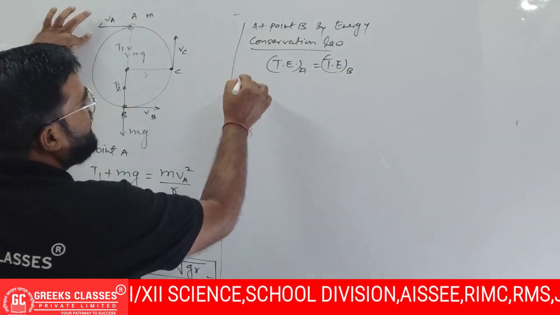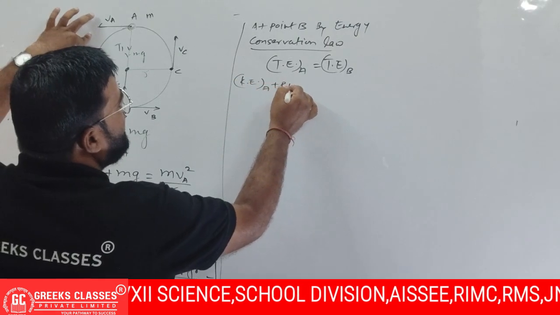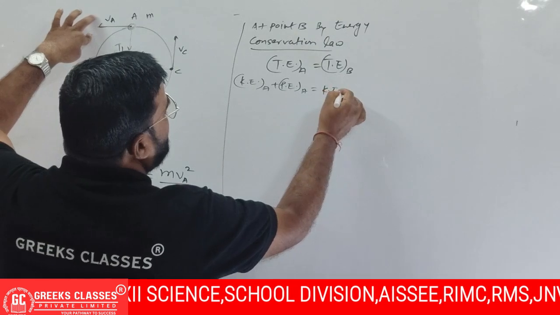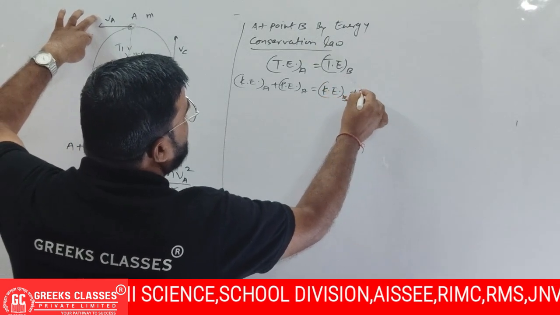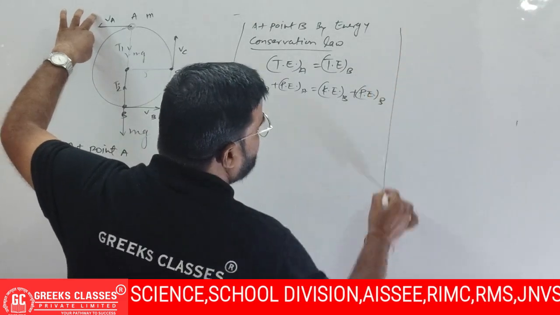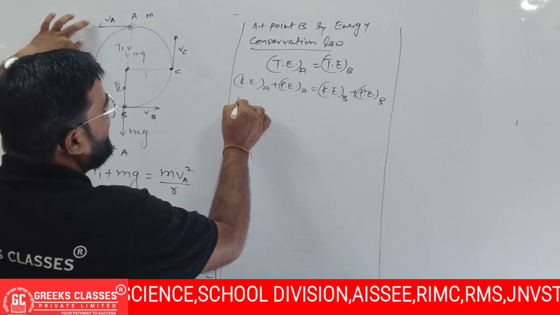So what is the total energy at A? Kinetic energy at A plus potential energy at A. That will be equal to kinetic energy at B plus potential energy at B. Now see here, what is kinetic energy at A?